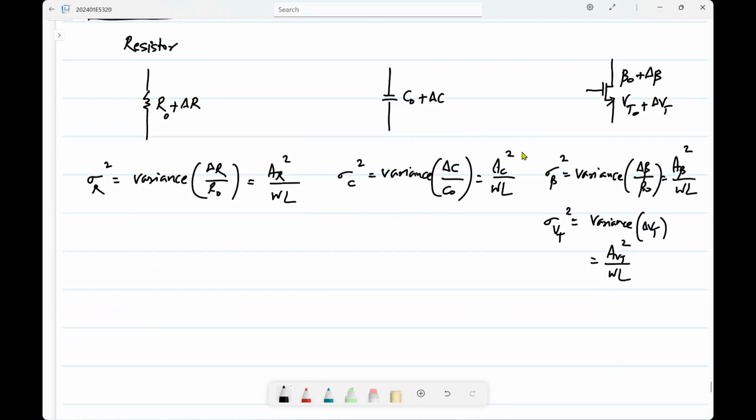Now, what is it that you have to do? You have to analyze the effect of this error in any circuit. Now, how do you do that?